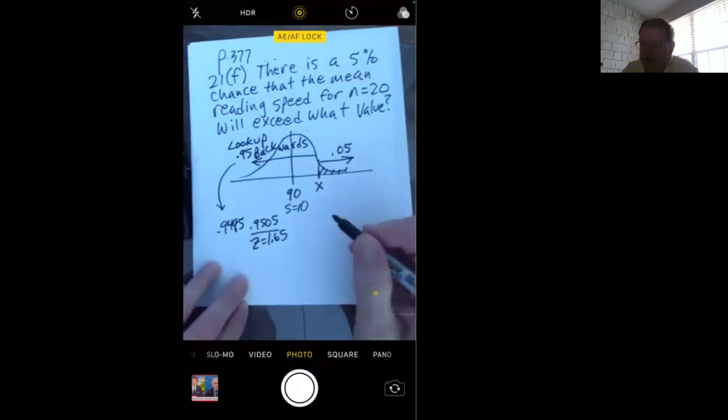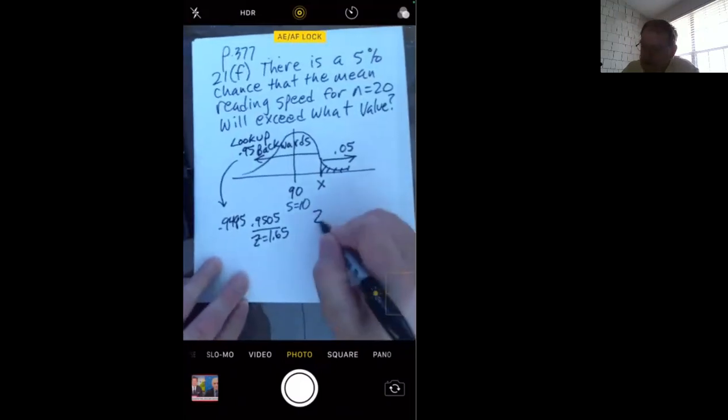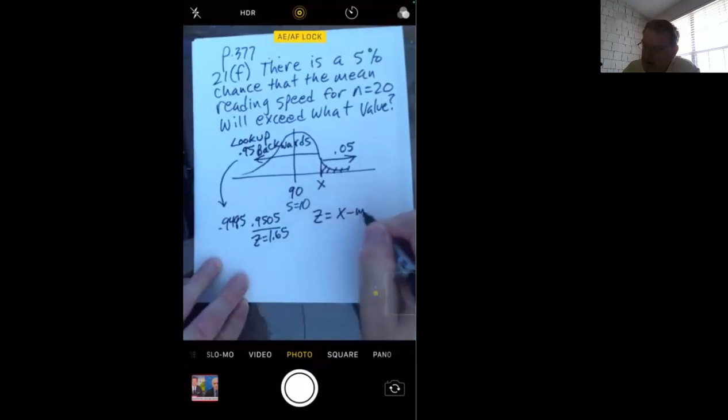If you remember how we worked backwards problems, z is x minus the mean divided by the standard deviation. But remember, that is corrected for sample size.